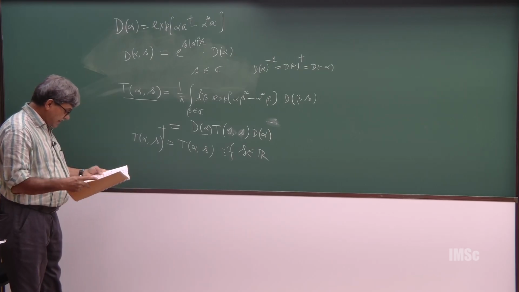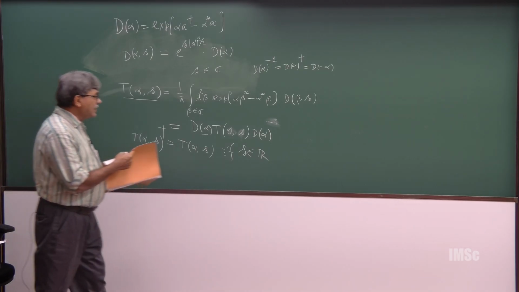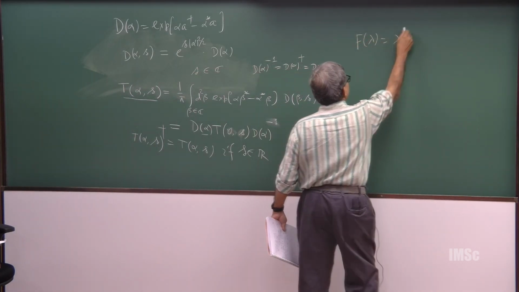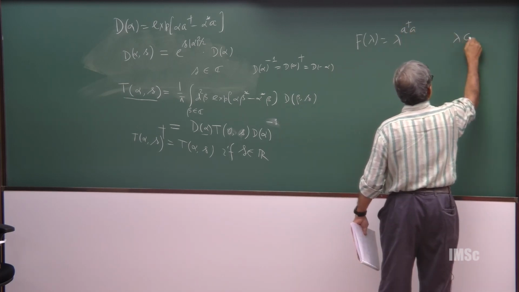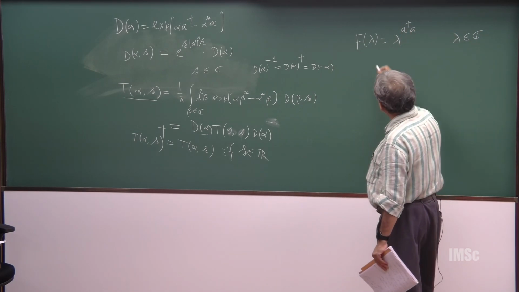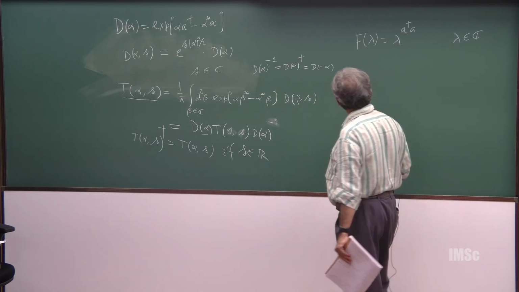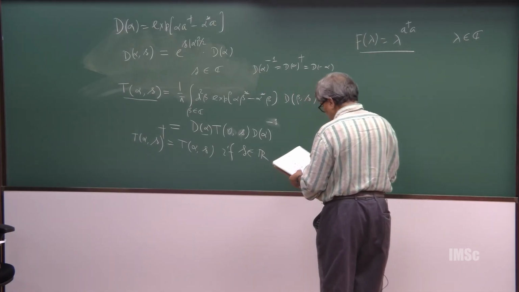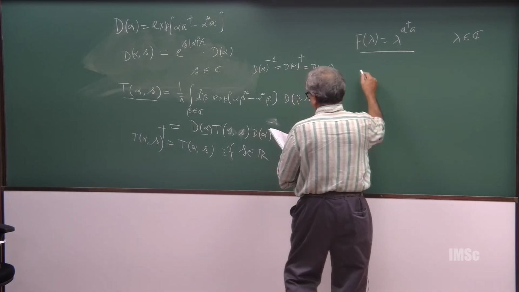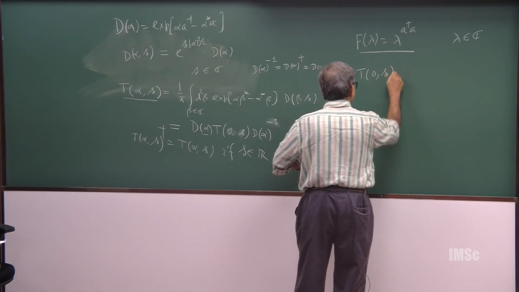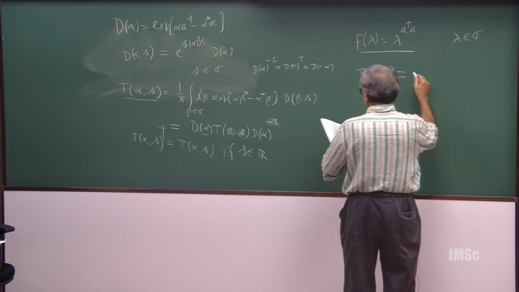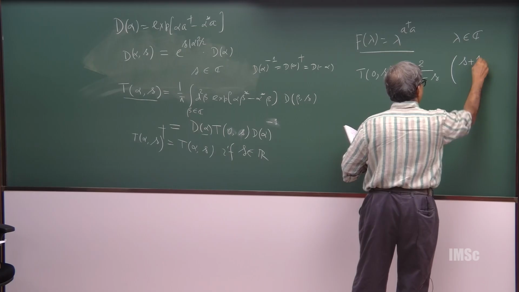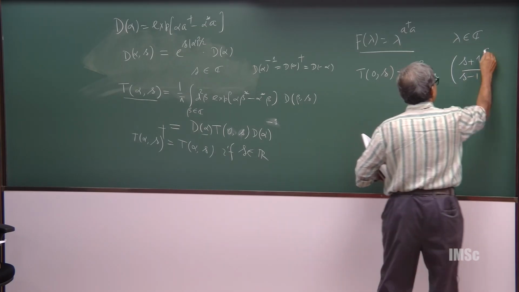So, this also we discussed, and then using this example that f of lambda is equal to lambda to the power a dagger a, where lambda is a complex number, which is of course bounded for mod lambda less than 1, we could manage to show that T of 0 and s is equal to 2 by 1 minus s times s plus 1 by s minus 1 to the power a dagger a.